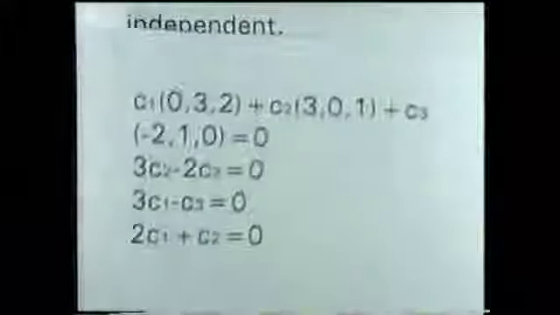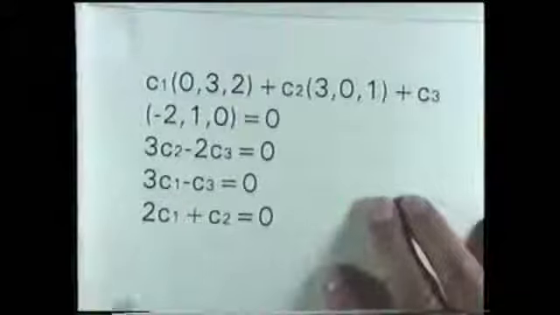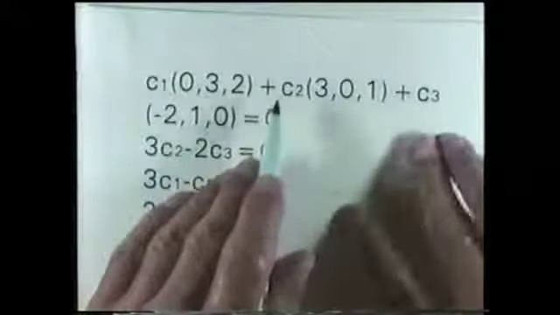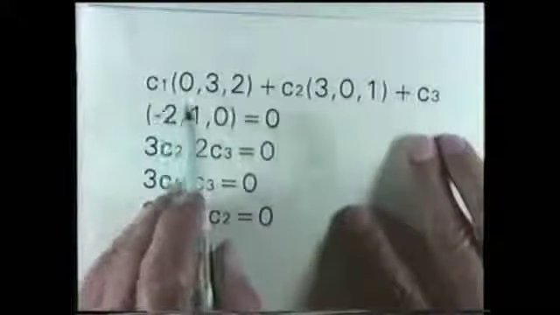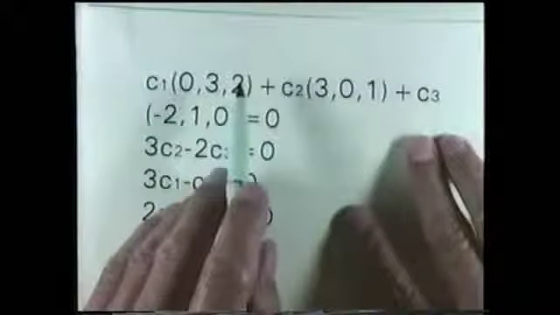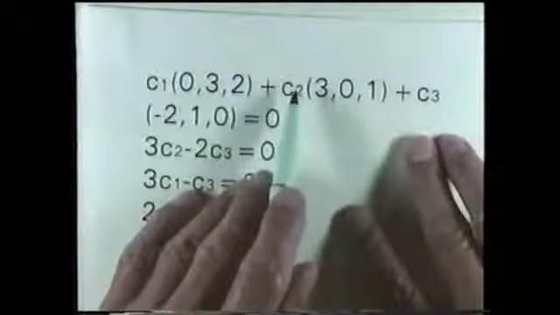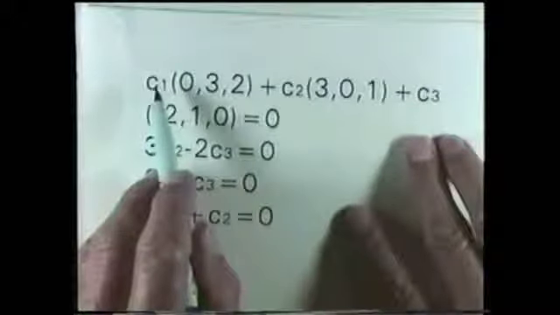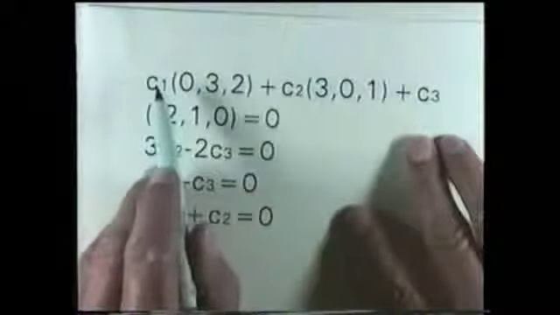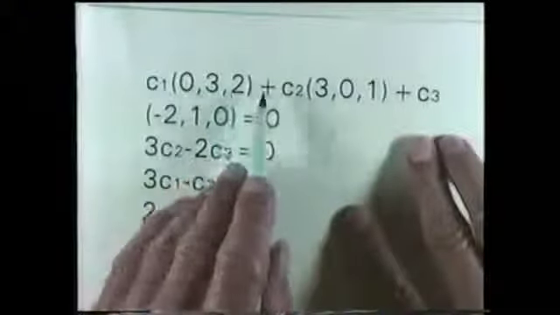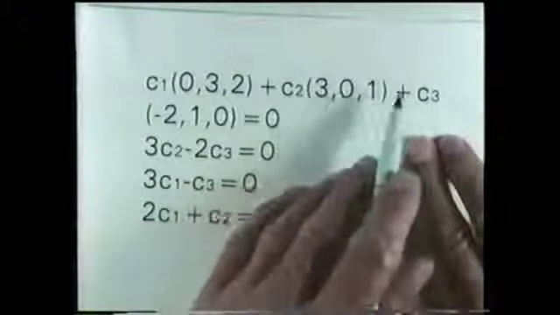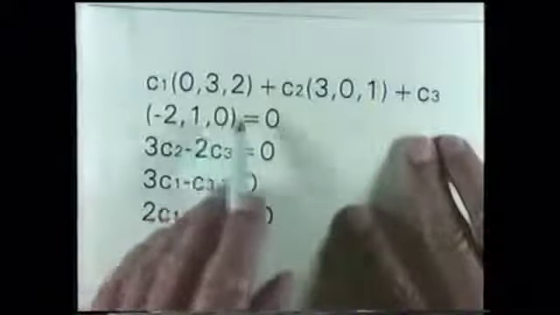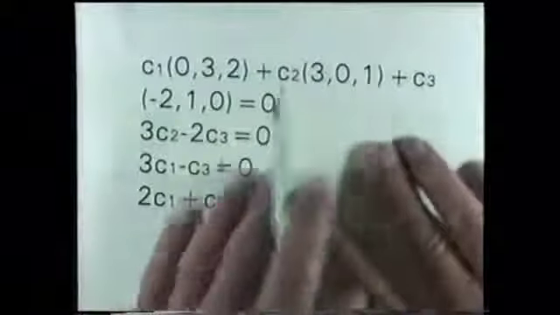To show that it's dependent, I must show that I can find C1, C2, and C3, not all 0, such that C1 times the first vector plus C2 times the second vector plus C3 times the third vector is equal to 0. Now we've covered dependent, independent before, so I'm just doing the same thing.